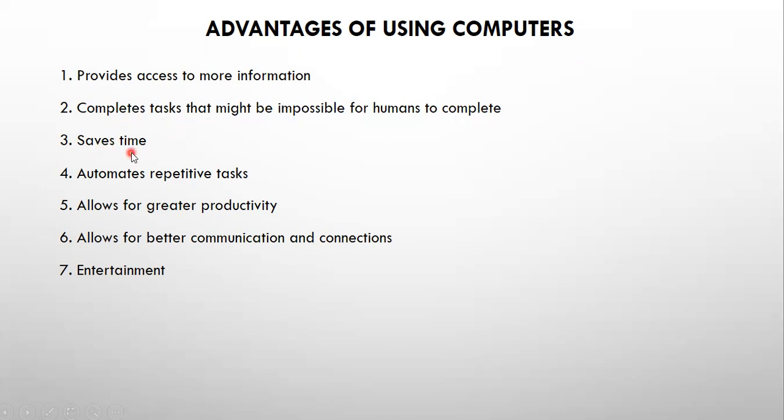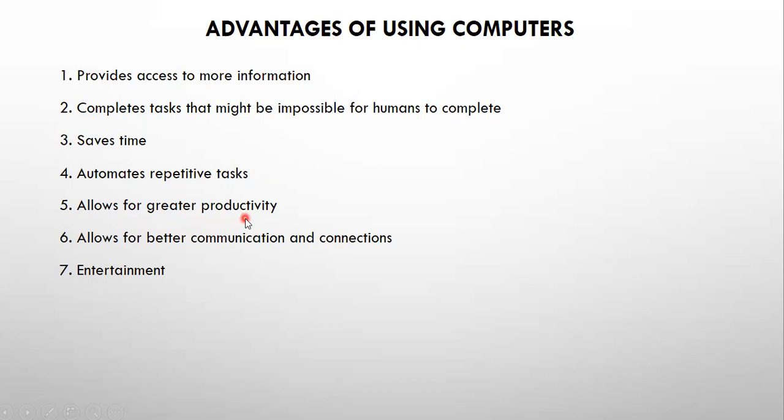It saves time. The computer works faster, right? And it works 24/7. It does not need a rest, so it saves time. It automates repetitive tasks, as for example, in factories, you have robots to do repetitive tasks. It will be faster than humans.